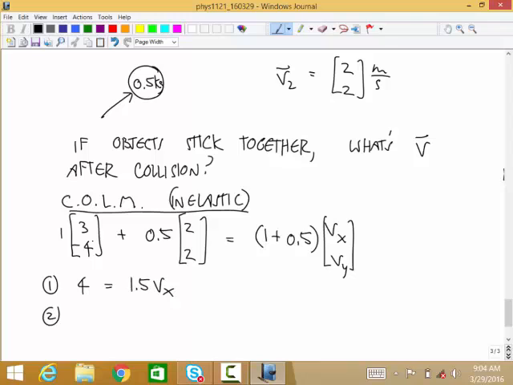And the second equation says negative 3 is equal to 1.5 Vy. What's 4 divided by 1.5? 8/3.